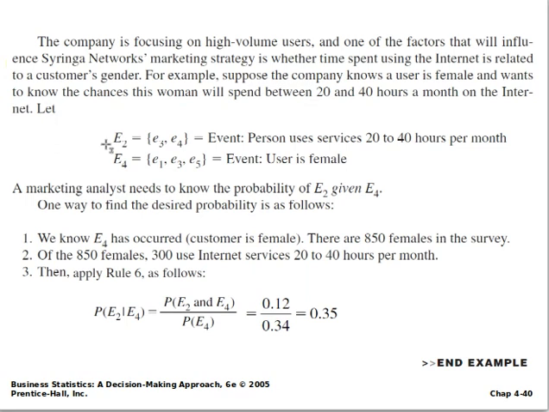So let E2, event 2, equal the set of small e3 and small e4. This is a set equal to the event where a person uses services of 20 to 40 hours per month based on this table.